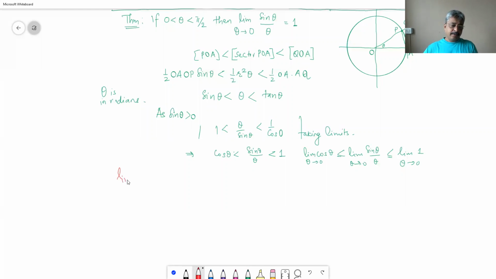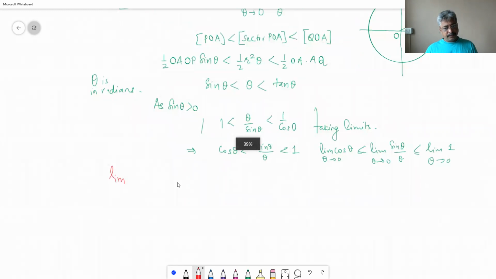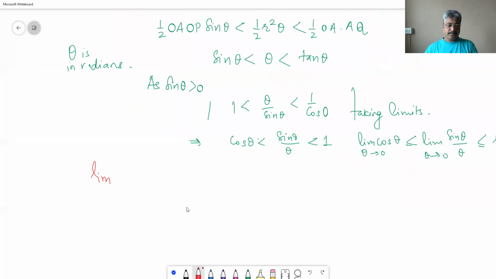Limit sine 2 theta upon theta, as theta tends to 0, is equal to? Yes, show me your answer.